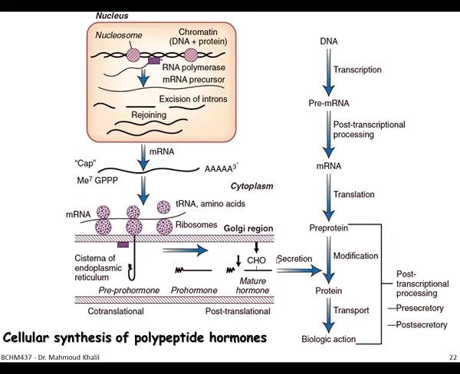Soon after that, by the addition of a carbohydrate moiety, or CHO, the prohormone is converted into a mature hormone. This mature hormone is packaged inside a vesicle after this process of post-translational modification. What is the meaning of post-translational? It means the addition of a molecule like CHO on an amino acid of the translated protein.